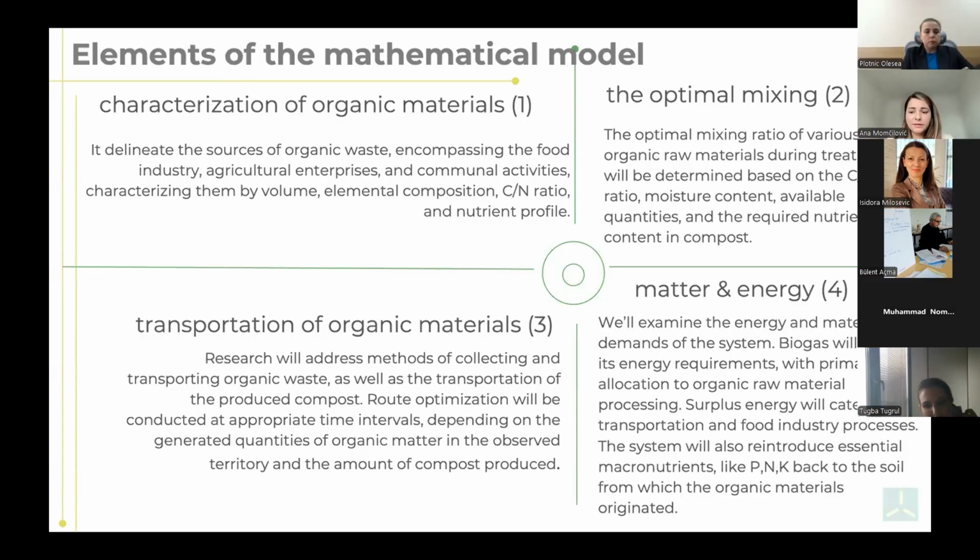And then, of course, there is energy and matter balance. The main idea was to see if there is enough organic waste to produce enough biogas to treat and transport all of the organic waste that we want to treat and transport in the area that we were looking at.